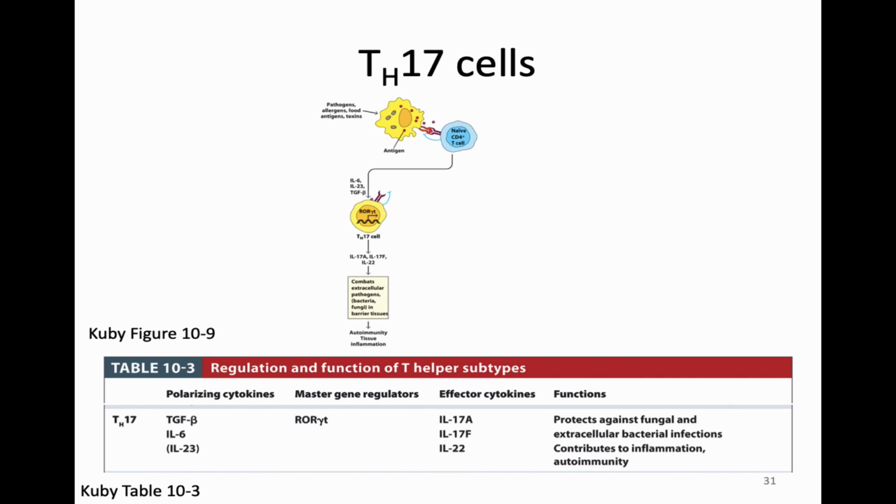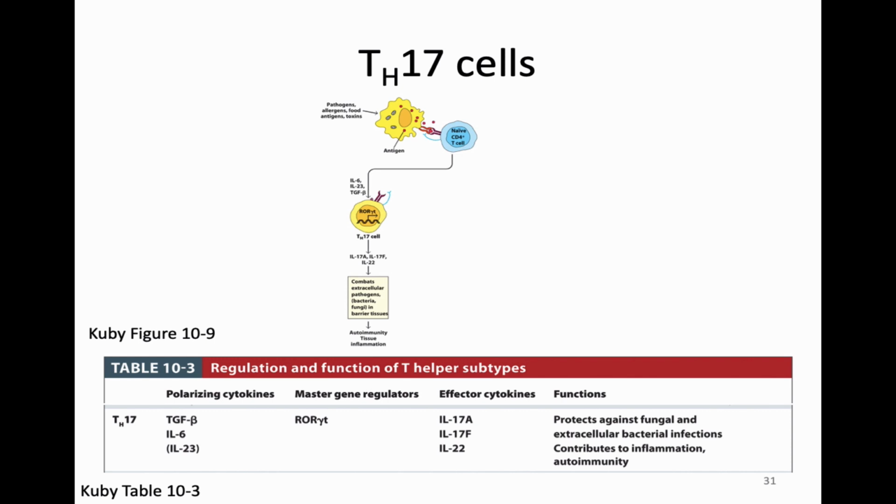A cell can become a Th17 cell when it receives a combination of cytokines, and the combination is important. We can see either TGF-beta and IL-6 or potentially TGF-beta and IL-23. As I'll mention in a second, IL-23 was really important in the discovery of Th17 cells.